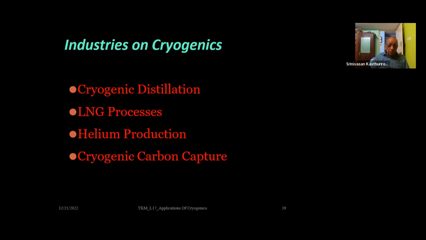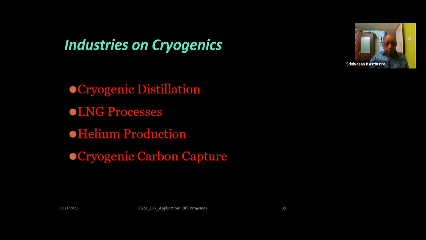Because of this, you have a special way of distillation: you make a distillation column in which the nitrogen will flow from the top and the oxygen will go from the bottom. Then they get separated. This we have seen already. So cryogenic distillation is one of the important processes.